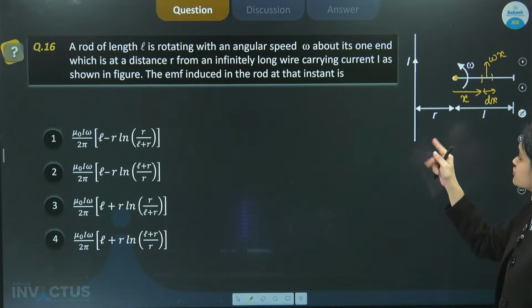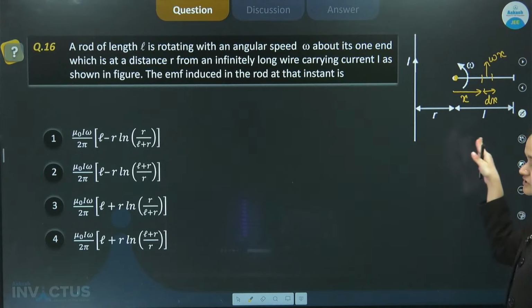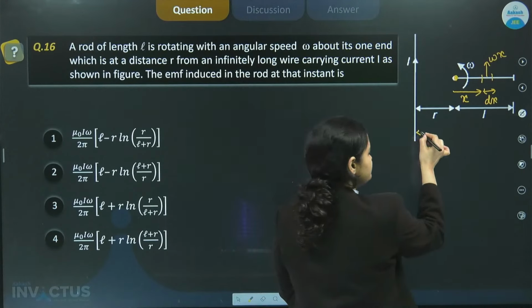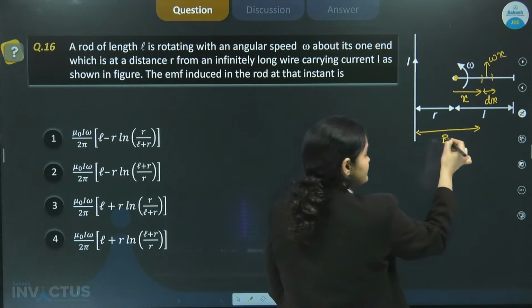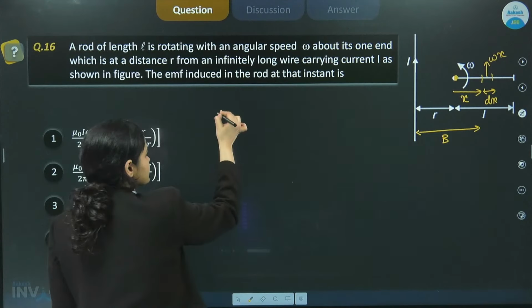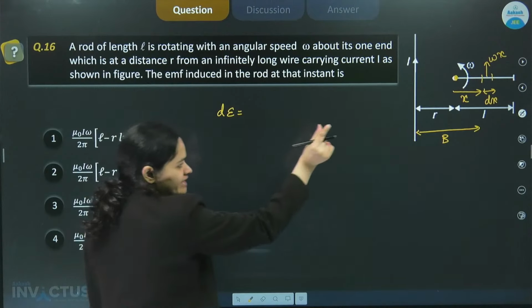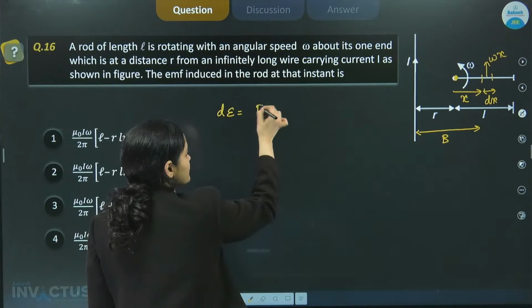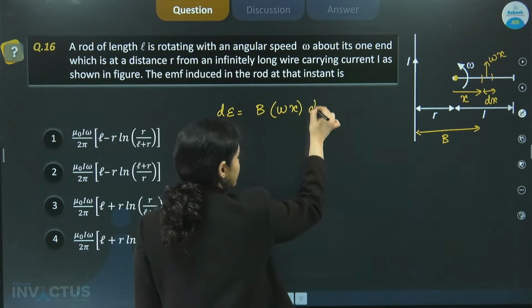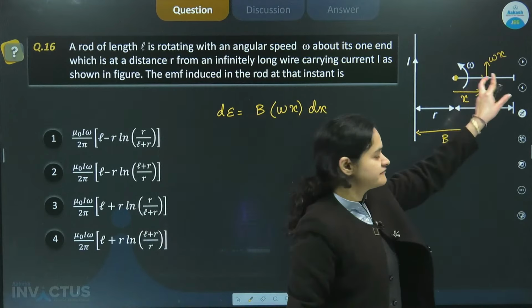Okay. Now see, as we are moving away from the wire over here, so the magnetic field is decreasing. So that is why we will need to integrate over here. So I can write dE, the EMF for that elemental part will be magnetic field into velocity multiplied by length of the elemental part that I have taken over here.